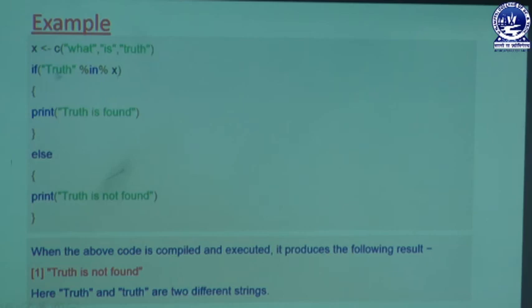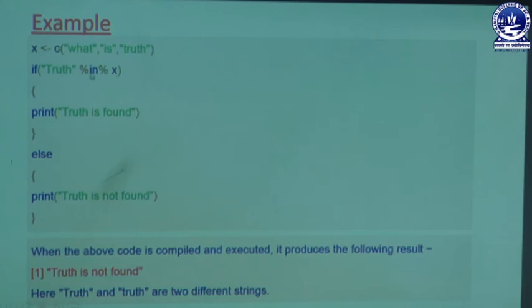Here you can see that truth is present, but what is the appropriate character value of truth? It is started with small t. That means it is not similar to this value. So this is some other value, and now truth does not belong to the vector x.